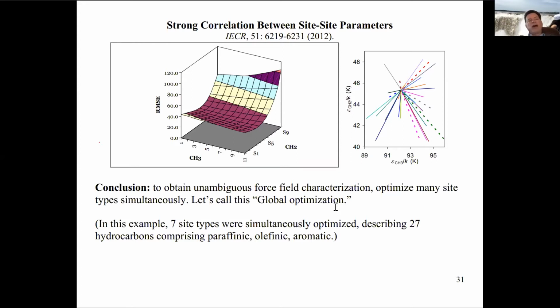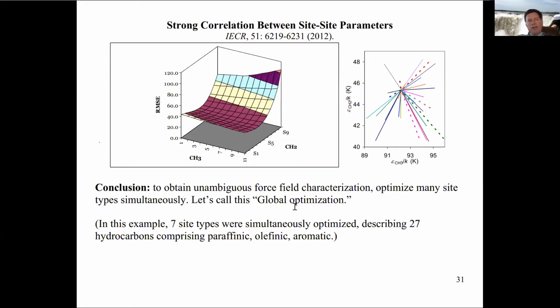Actually, in TraPPE, they keep the CH3 interaction the same, but they very systematically build up this force field, one molecule at a time. And in that time frame, you pretty much had to do it that way because when you're doing simulations of the full potential every time you want to try a different epsilon or a different sigma, that's very expensive.